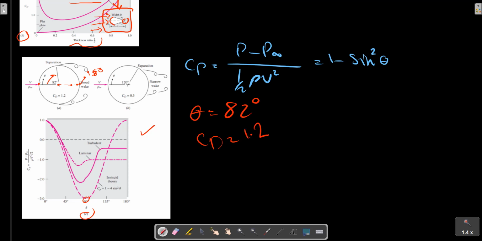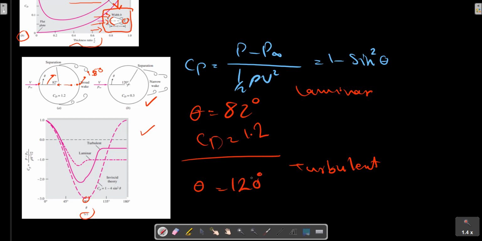The turbulent boundary layer, as shown in this picture, is more resistant, and separation is delayed until theta equals 120 degrees, with the resulting smaller wake.